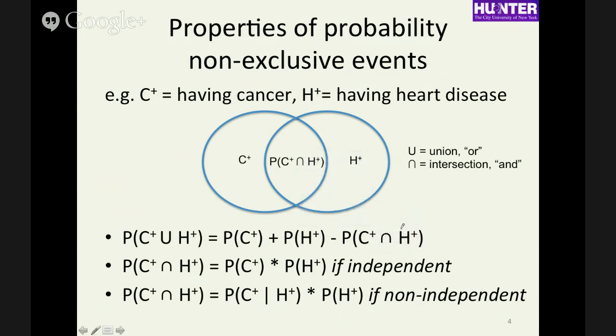Oh, and we have an answer coming across, and that answer is correct. Yes, that is correct, Emily. And I'm going to write that out on the slide too. Probability of heart disease given cancer times probability of cancer.